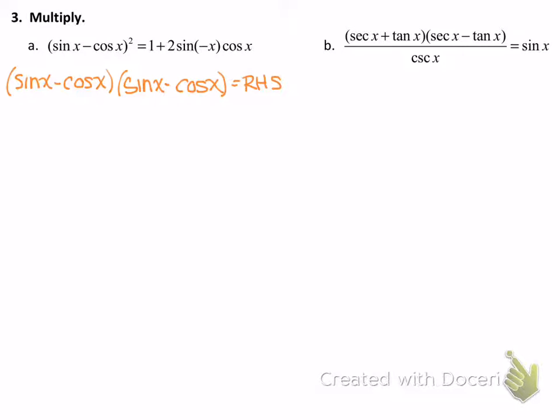Now I can distribute, or I can FOIL, and I will have sine squared x minus 2 times cosine x sine x plus cosine squared x.